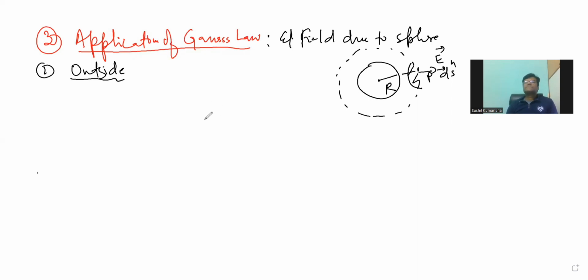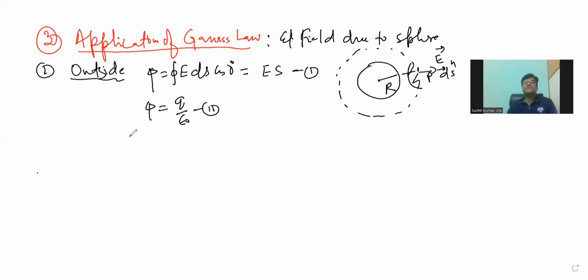So electric flux we write E ds cos theta, so it will be cos 0. Cos 0 is 1, so this is Es, and we know phi is q upon epsilon naught also. So if you equate, what we get?